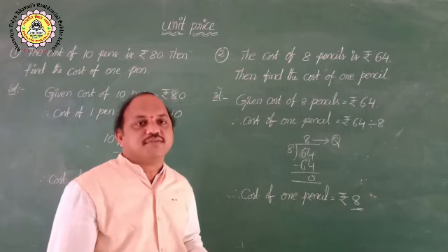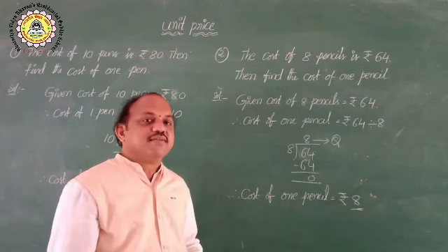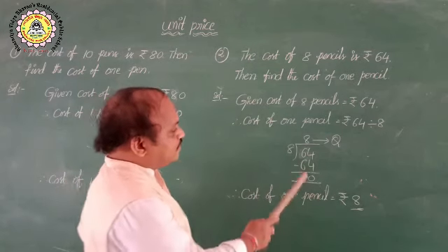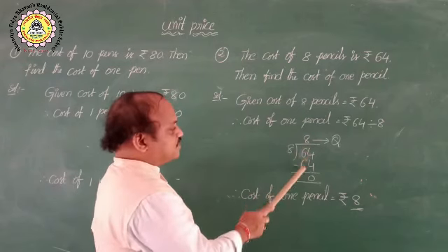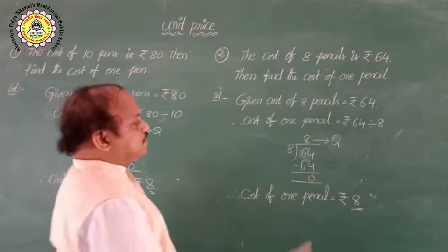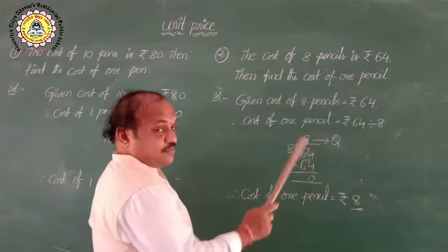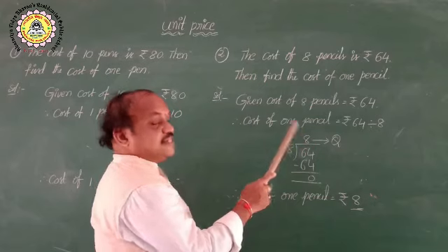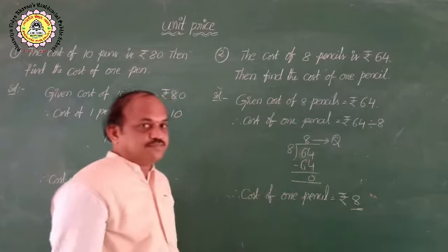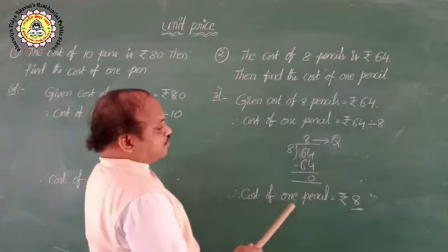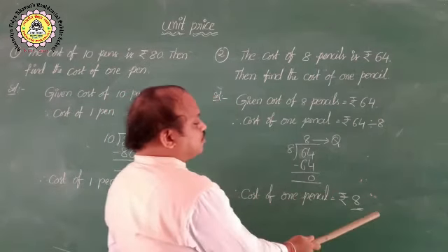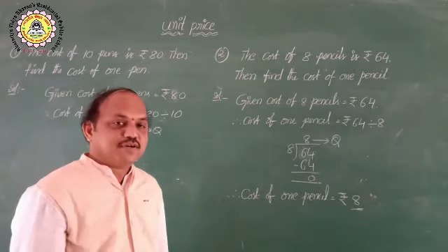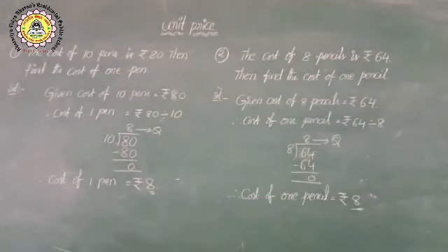If you subtract these two same numbers, what will you get? 0. Why? Because both numbers are the same. So 64 minus 64 is 0, which is our remainder, and 8 is our quotient part. Therefore, cost of 1 pencil is equal to rupees 8. Students, understand?